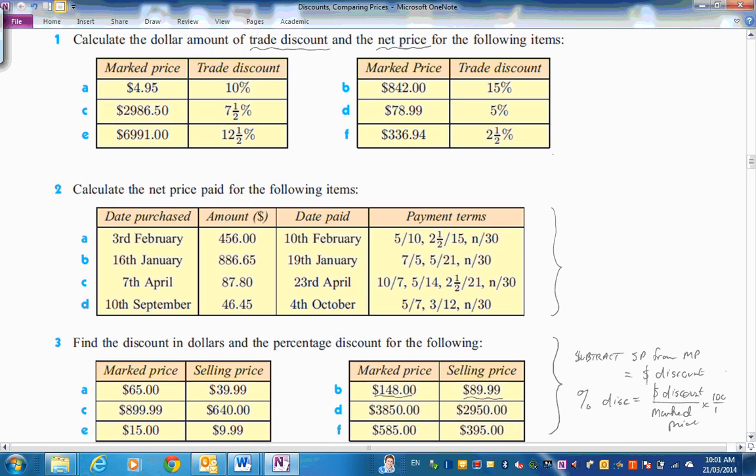So you might have forgotten that. So find the actual difference between these two to find the discount, and the percentage discount, that's what they're asking for here, is the discount over the original price times 100. So check that out. Okay, pause the presentation, have a go at all those. I'm going to swing down below here and show you the answers.